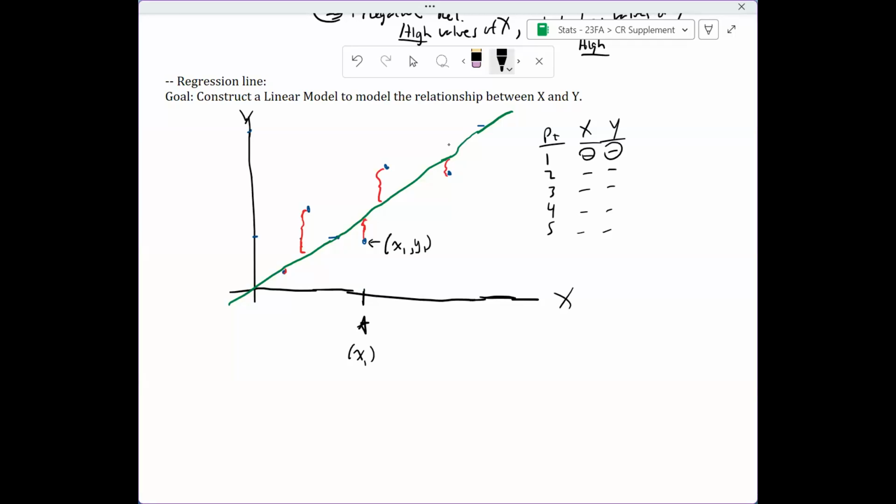That's actual data that came from the real world. On the other hand, I have a model. If I have that y is a plus bx, then for x1, the height of this green line at x1 is a plus bx1.